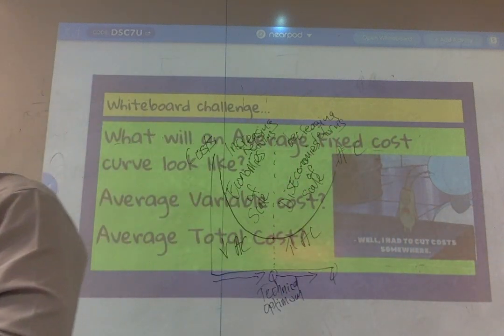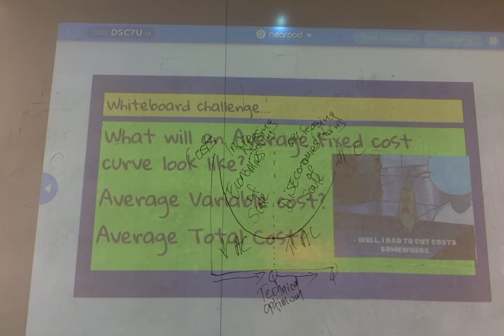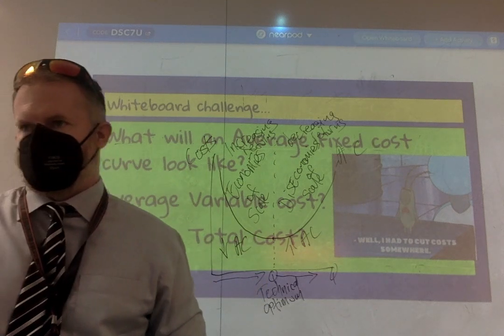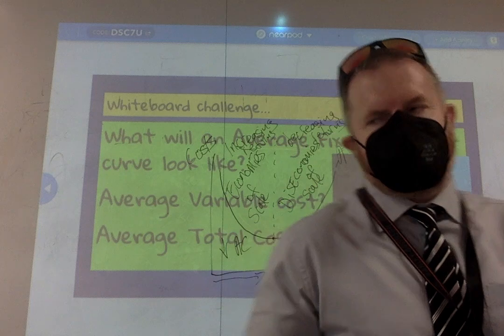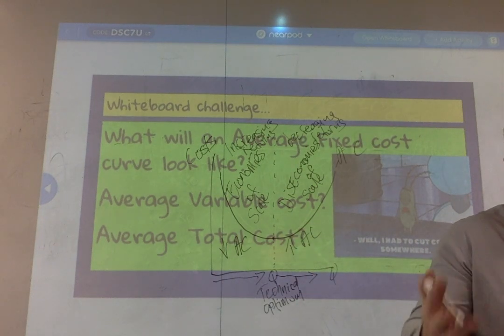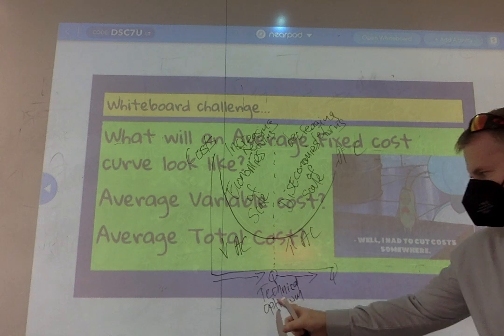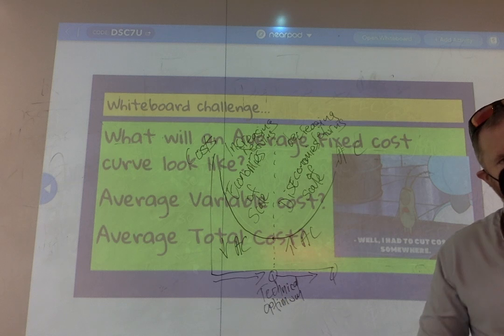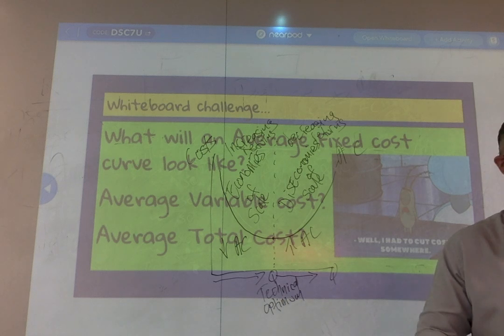So that's another reason why this point is considered to be the optimum. More or less, that point is the best you can possibly produce at. What quantity do you think we should be producing at? This one. That's only assuming that revenue is constant. Oh, it doesn't matter about revenue.